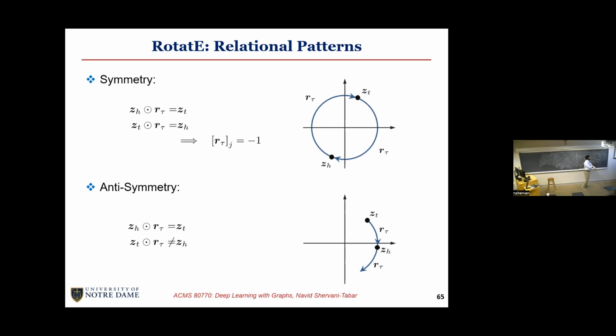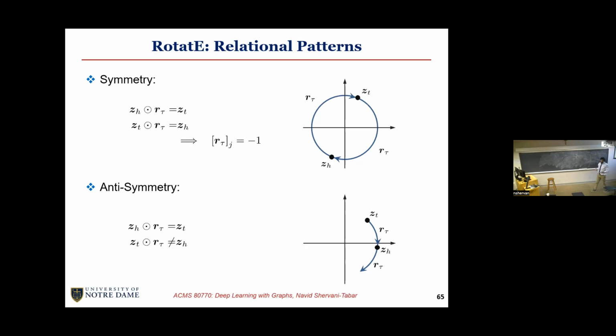Next we're going to look at whether we can represent anti-symmetric logical patterns here. And we will see that, yes, we can. This one is similar to the idea that you saw in TransE. So basically, you have some ZT, you're learning some R tau, just as an example here, that rotates you to ZH here.